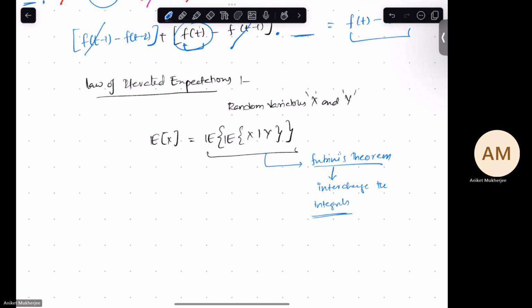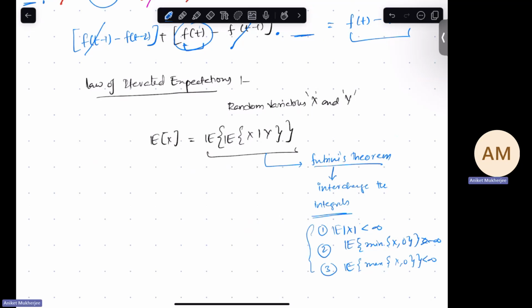The cases where we are allowed to interchange the integrals are basically when the expectation of the absolute value of the random variable is finite, or the expectation of min of X and 0 is greater than minus infinity, or the expectation of max of X and 0 is less than infinity. So if any one of these three is satisfied, then Fubini's theorem is valid and you can interchange the integrals.